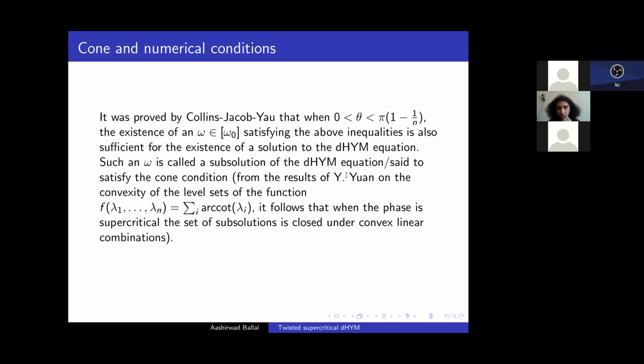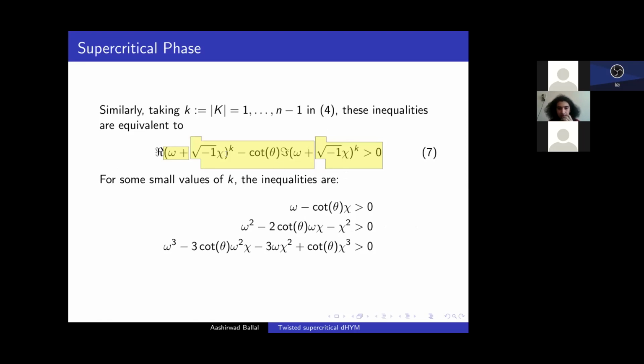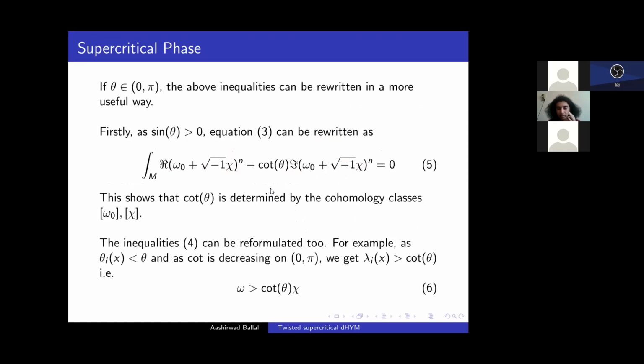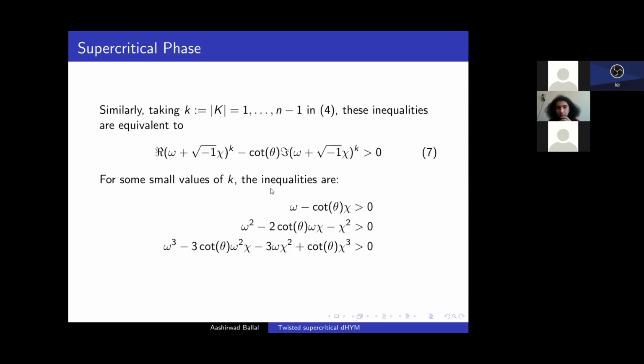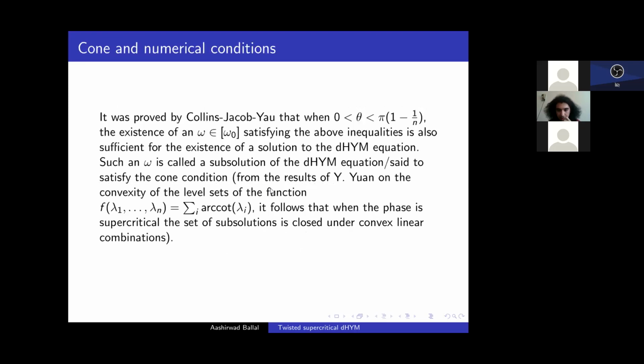So it's called the Cohen condition, and if omega is very large, that is if its eigenvalues are all positive and very large, then it's also easy to show that these inequalities are satisfied.